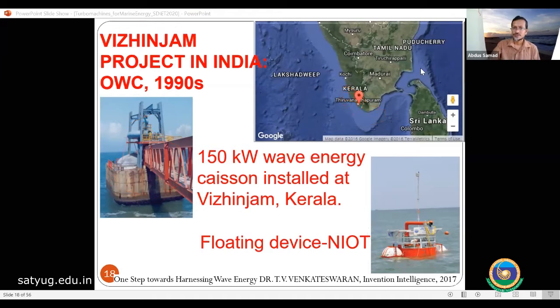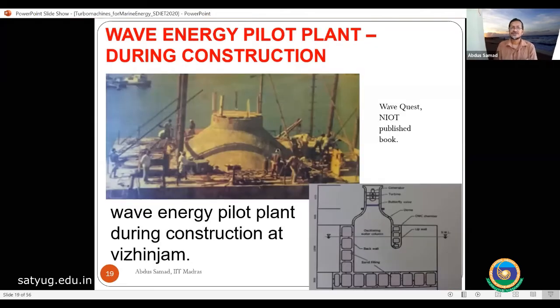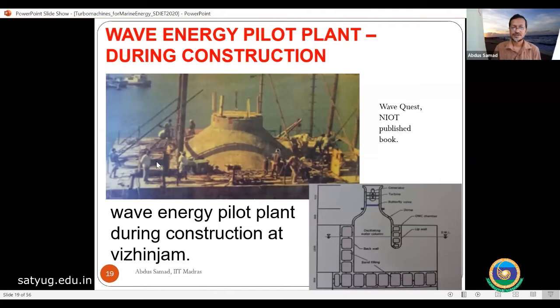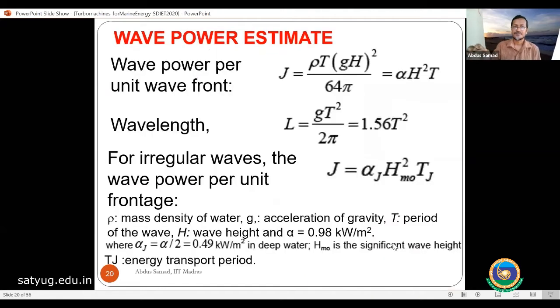If you see this picture, I took it from a book written by Professor Jaishankar and others, published by NIOT itself. This shows the wave energy system during construction. You see this big system, people are standing and constructing it. The turbine will be located here. I'll explain details later.